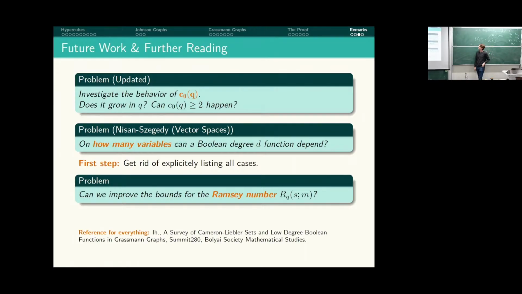When does it start? And for that, already getting some decent bounds on vector space Ramsey numbers, I think, would be interesting. I don't know if these problems are actually related or if it just feels like that. Looking at my proof, I feel like it should grow in q because my proof requires that, but then I don't know.